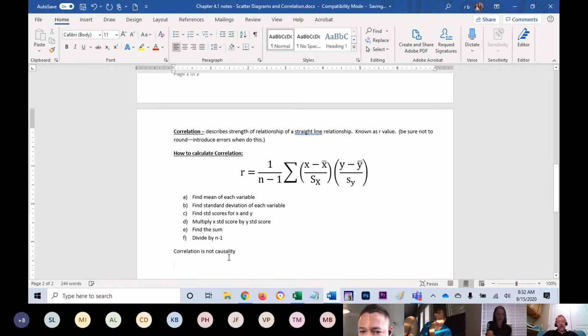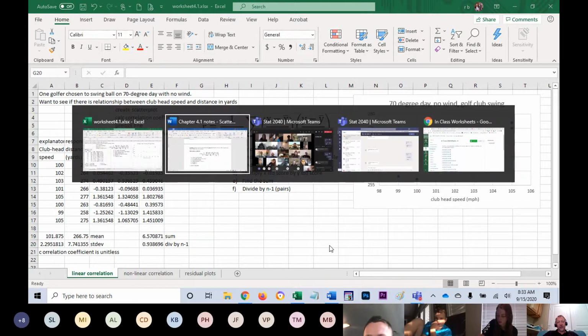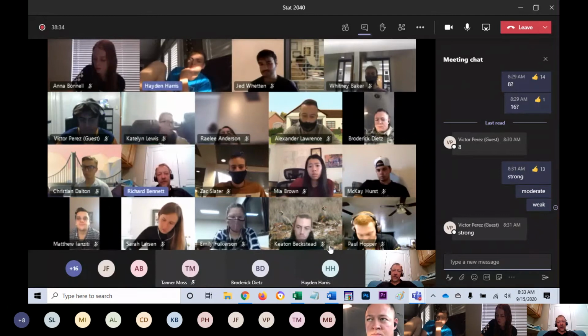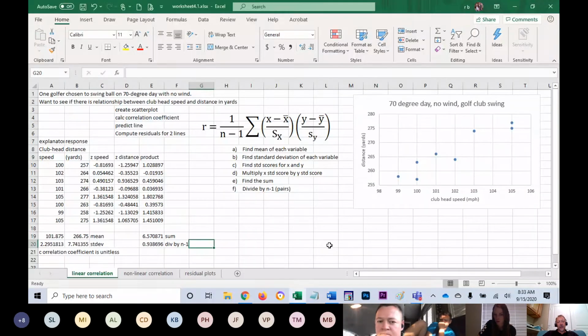And so let's talk about that. In this case, would it make sense that how far I swing the club causes how far my ball goes? Would you agree that that would make sense? Yeah.